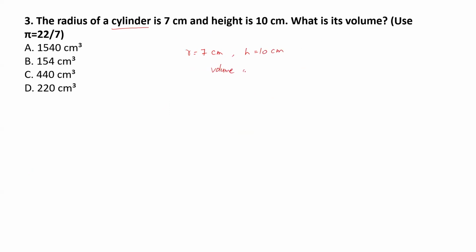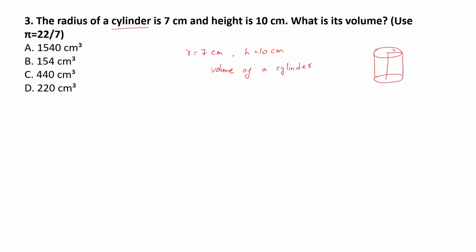The volume of a cylinder. You don't need to always draw the shape, but so that you can remember, I'm drawing it. If you know the representation, like radius is denoted by R, height is denoted by H, you don't need to draw the shape.